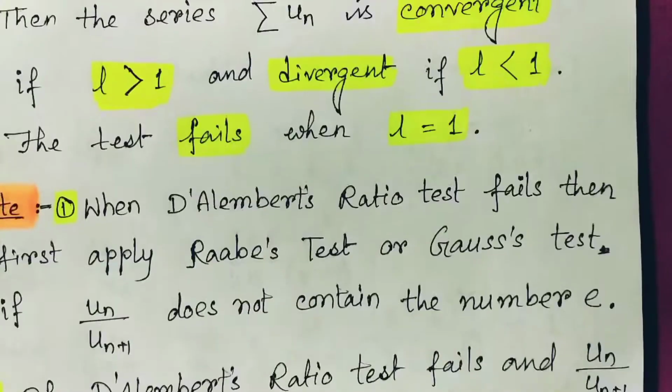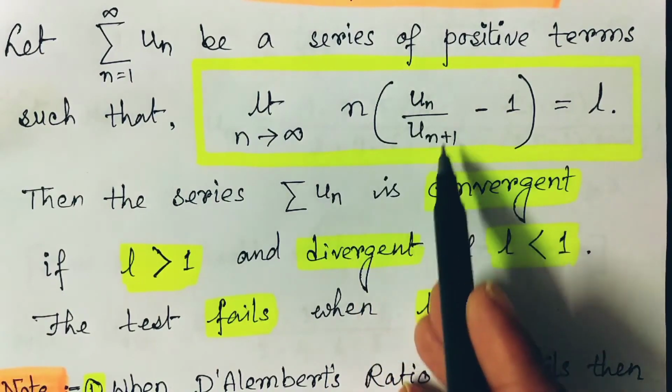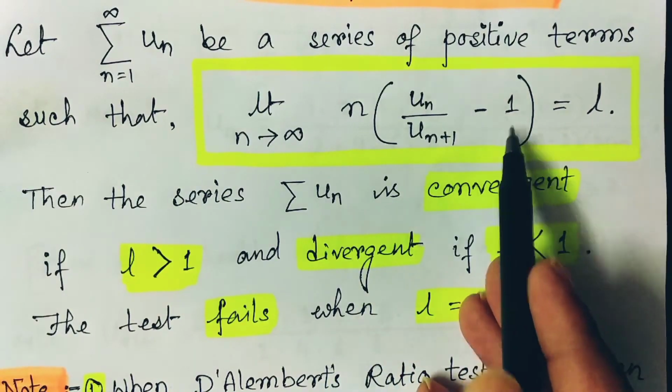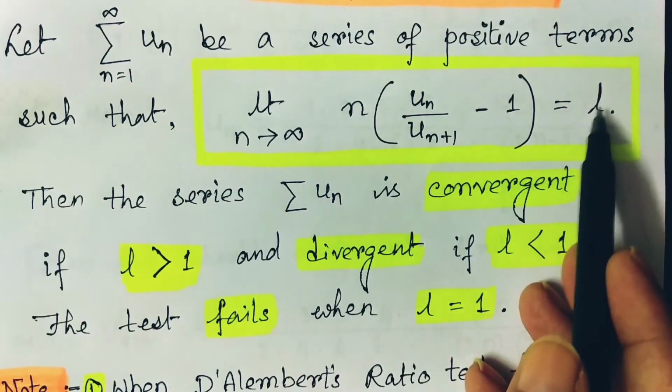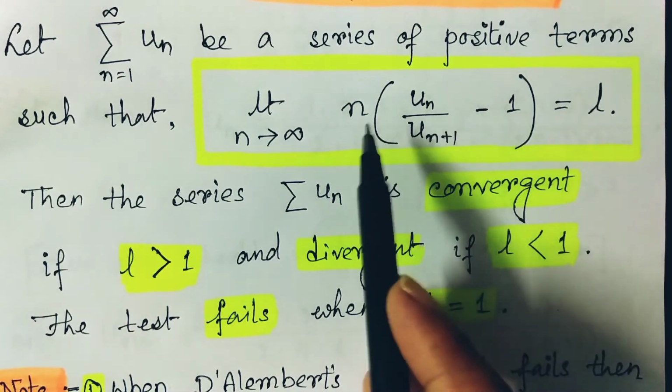Actually in the Raabe test we have the limiting case, which we consider in this way: n into (un by un plus 1 minus 1) is equal to L. So L we can say alpha or 1, whatever we want to consider.